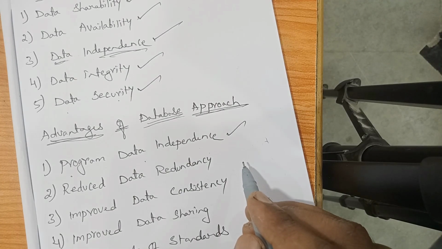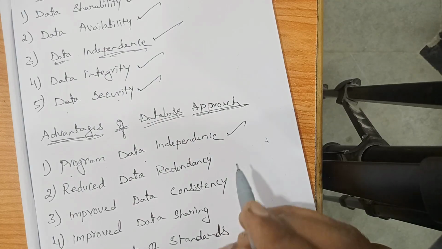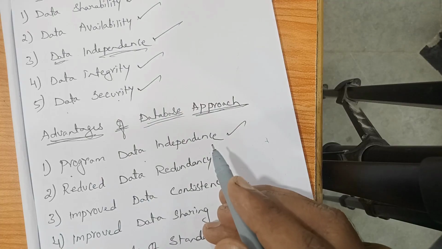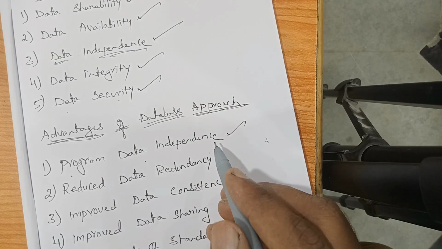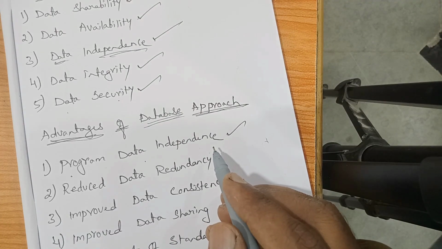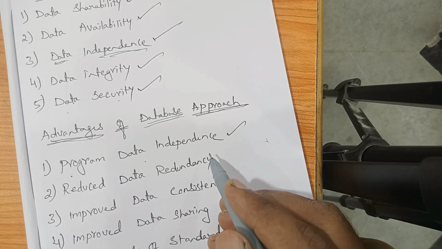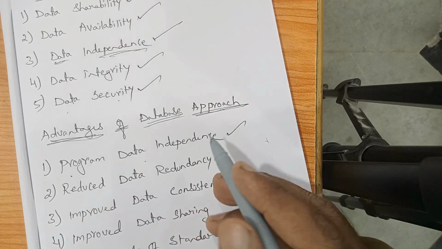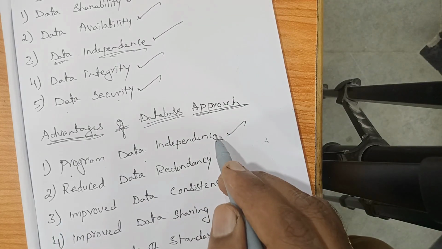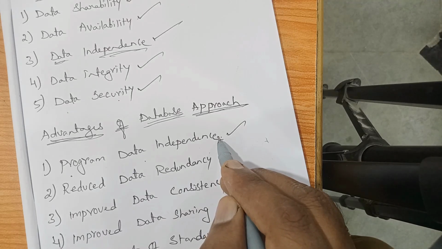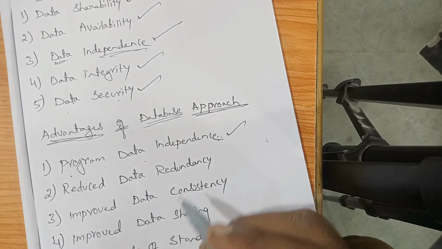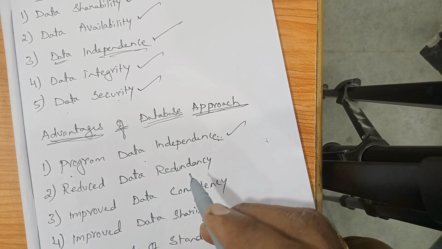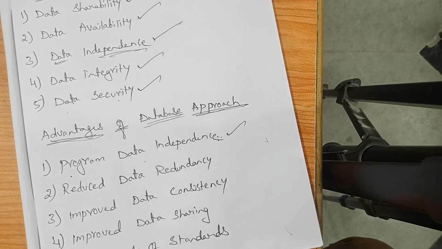The database approach stores the data descriptions in a central location called the repository, so that program data independence, covering storage details, modifications and organization of data, can be ensured without making any changes in the applications.